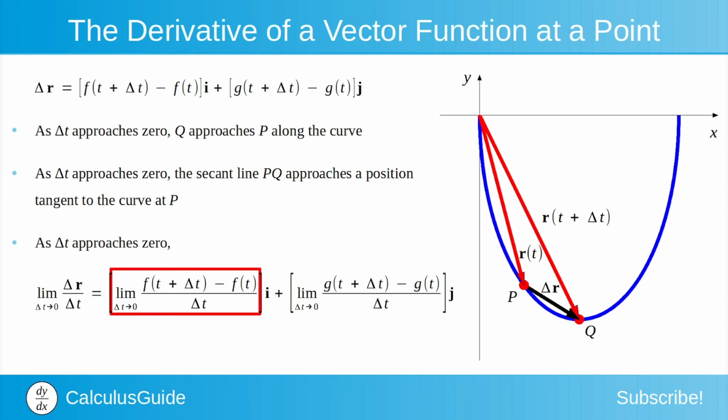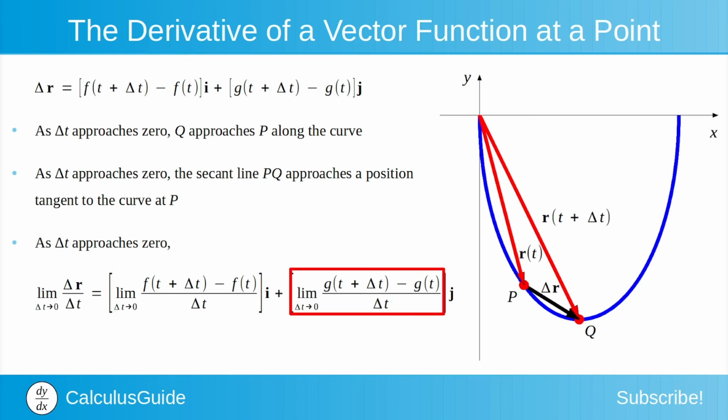This limit, now highlighted, is the derivative of the function f of t with respect to t. And this limit, now highlighted, is the derivative of the function g of t with respect to t. So delta r over delta t approaches the limit df dt i plus dg dt j as delta t approaches 0.